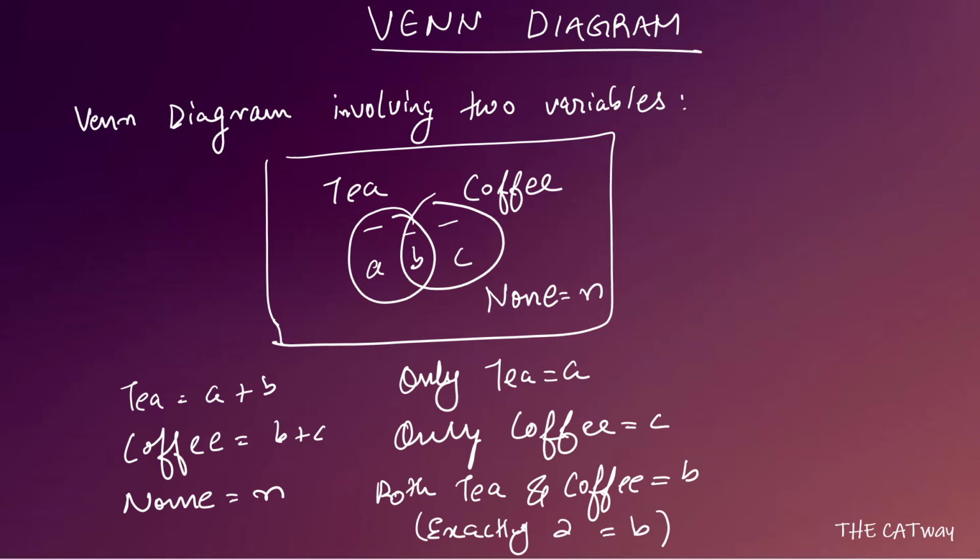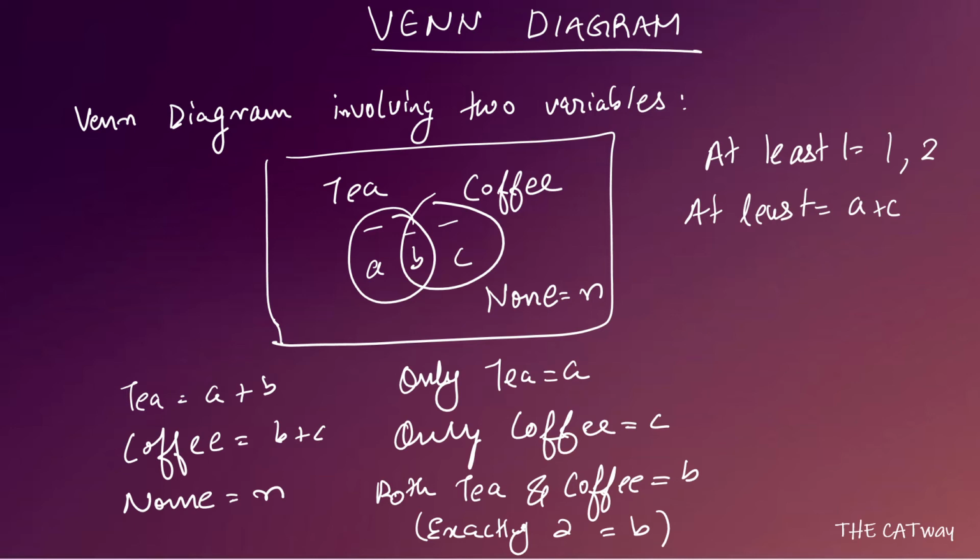Now some things are related to at least and at most. Let's say they are talking about at least one of them, suppose a person likes at least one of them. At least one means either he likes any one of them, or he likes two of them. That means when we are talking about at least one, we will be adding a because that is only tea, and we will be adding c because that is only coffee.